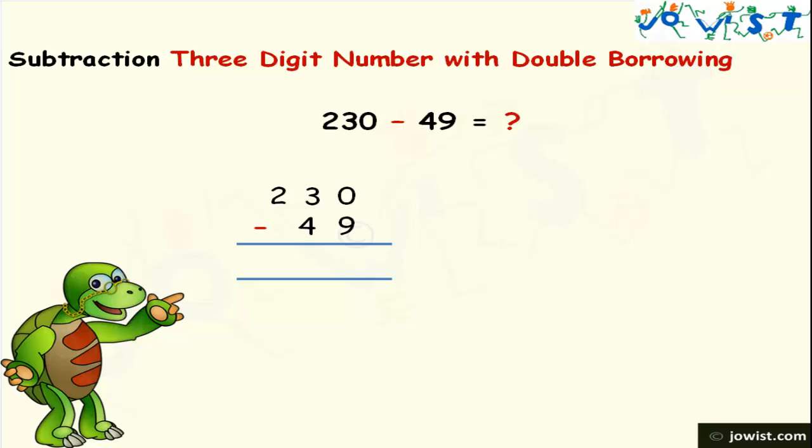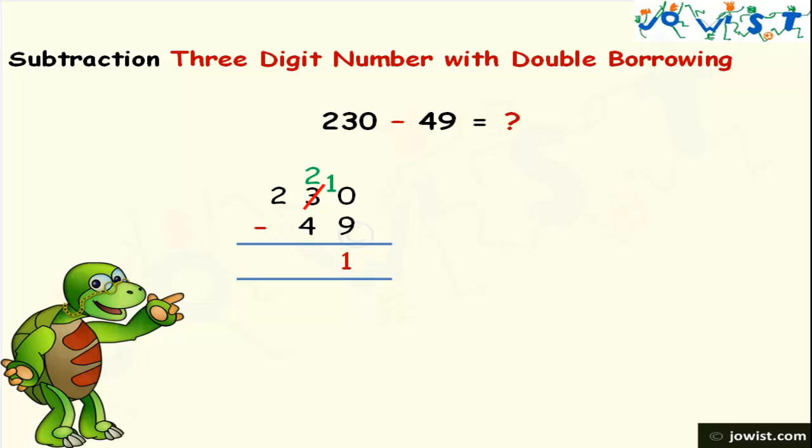As we cannot subtract 9 from 0, we will borrow a 10 from 3 and add it to 0, making 0 into 10. 10 minus 9 is 1.